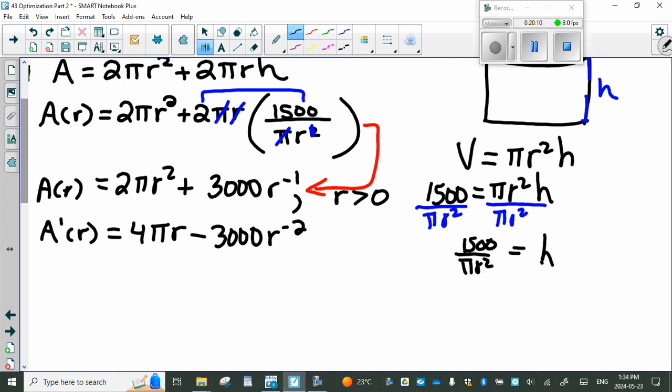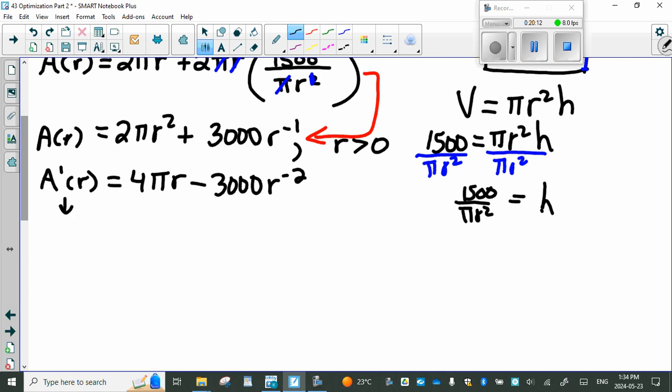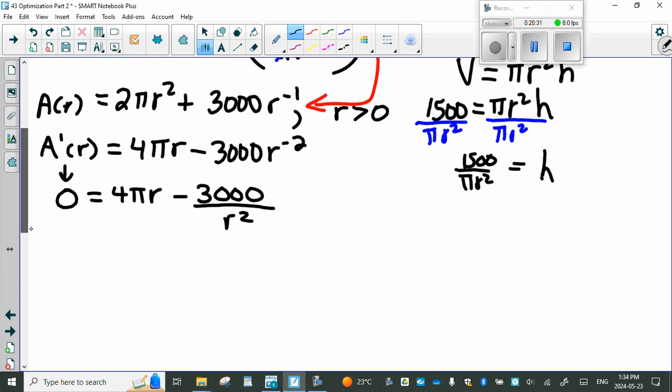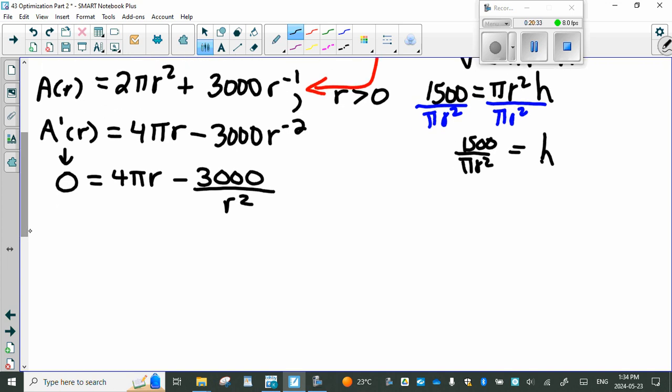Now we're going to set A prime at r equal to 0. And we've solved equations like this for the last few days. So what I want to do is add the fraction part, the 3,000 over r squared, to the other side.